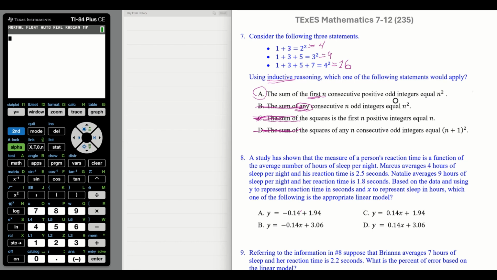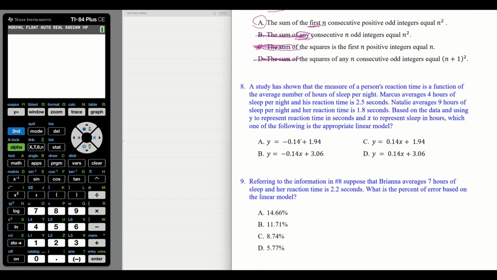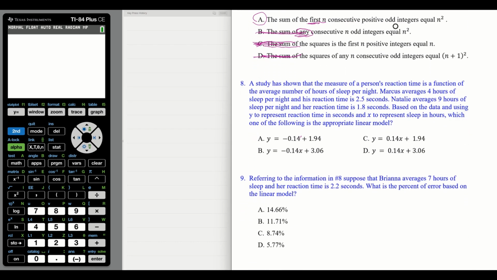All right, so let's look at number 8. Let's look at this guy all the way up here. Okay, number 8. A study has shown that the measure of a person's reaction time is a function of the average number of hours of sleep per night. Marcus averages 4 hours of sleep per night, and his reaction time is 2.5.